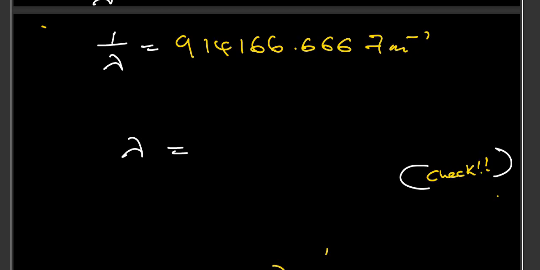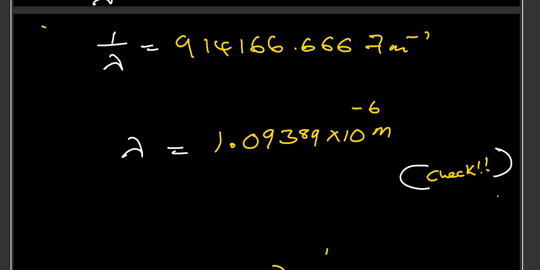It was 1.0989 24. Okay, times 10 to the power what? -6. Yes. Okay, so this is what you are getting. This is -6 meters.